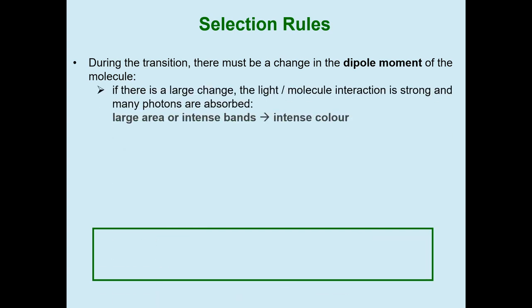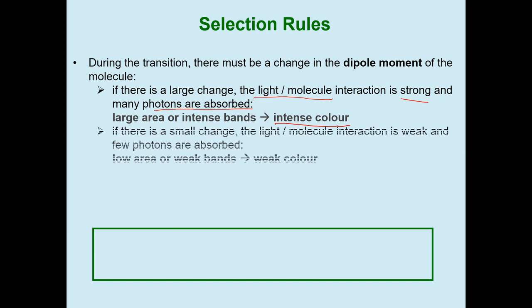If there is a large change, the light-molecule interaction is very strong and many photons are absorbed, resulting in a large area and intense band. Therefore, we say intense absorption is there if you have a very large dipole change.